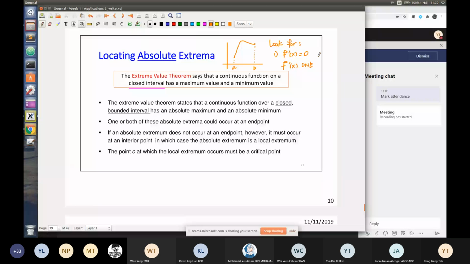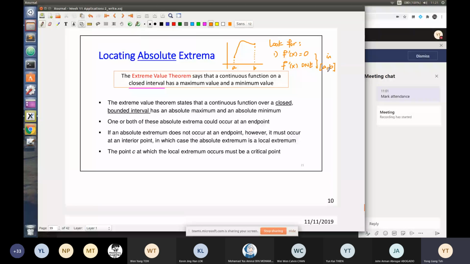This will be inside AB. Now, this inside AB is important. The reason is that when you solve for f prime equals 0 or f prime does not exist, the x value, the critical number, can be outside AB.